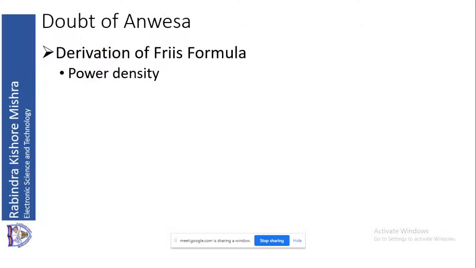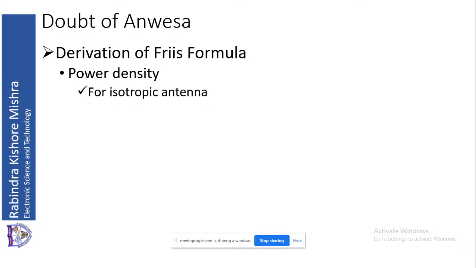Now, you know the power density. What will be the expression for an isotropic antenna? The expression for power density comes from the pointing vector S. So the magnitude of the pointing vector ultimately gives you the power density.